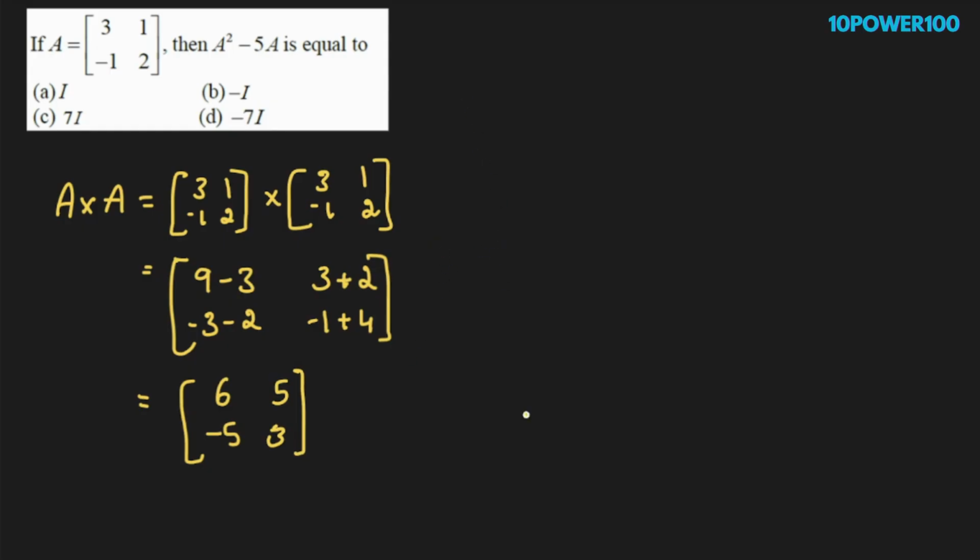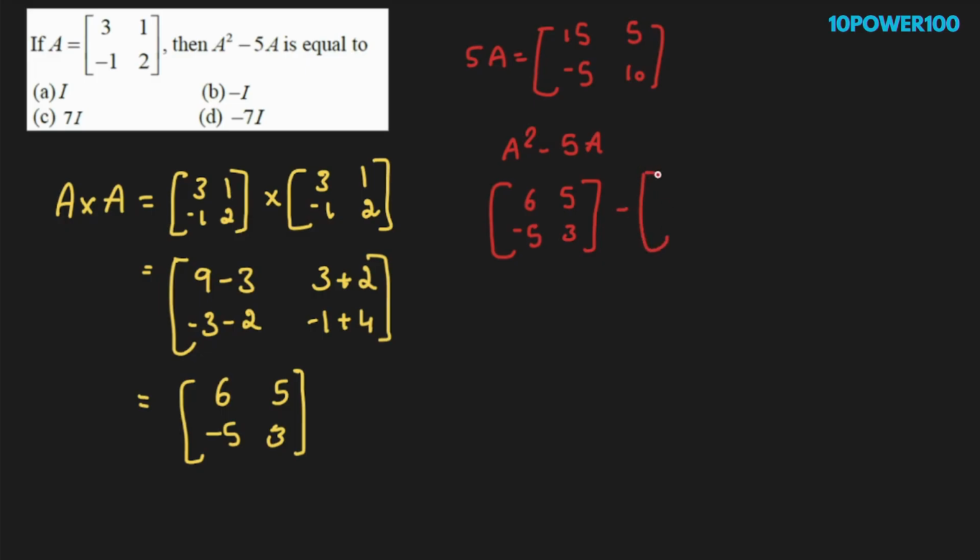Now 5 into A. Just multiply 5 to this. So 5A is equal to 5 3s are 15, 5 minus 5, 5 minus 5, and 5 2s are 10. Now if you calculate A square minus 5A, we get 6, 5, minus 5, and 3, minus 15, 5, minus 5, and 10.